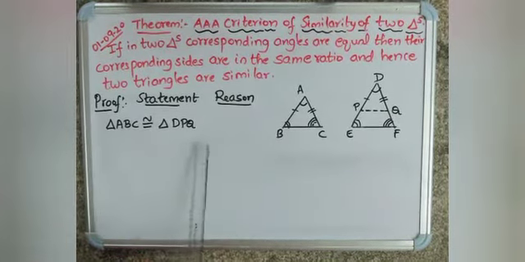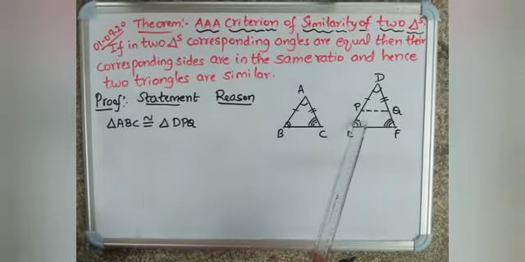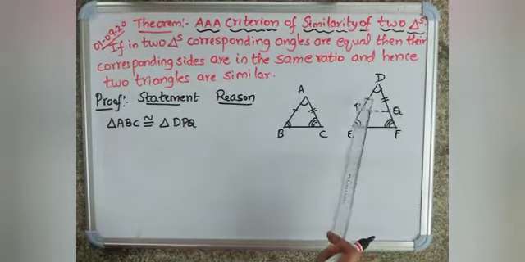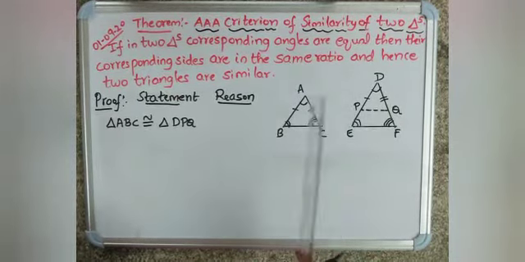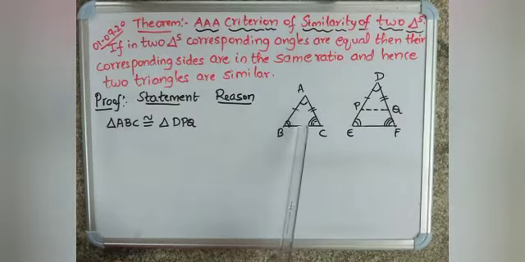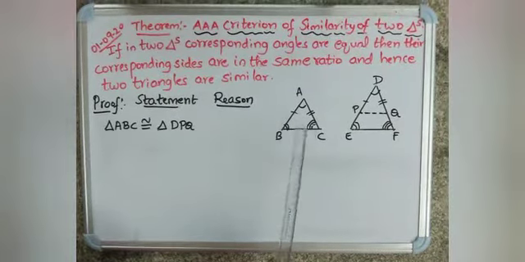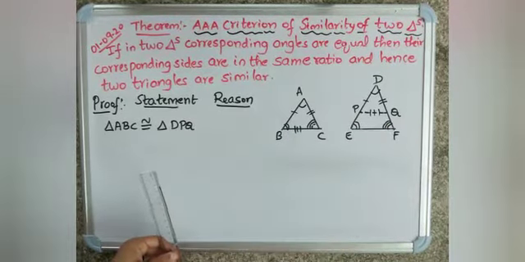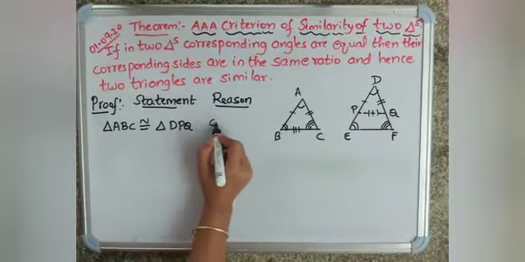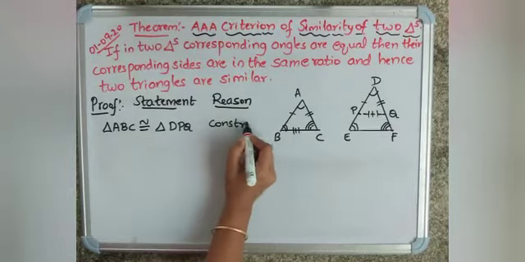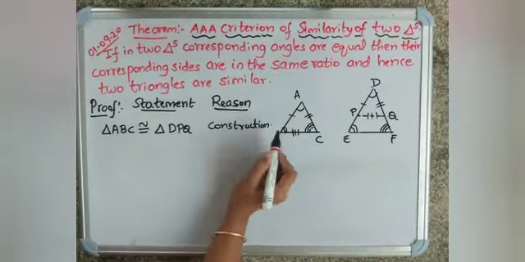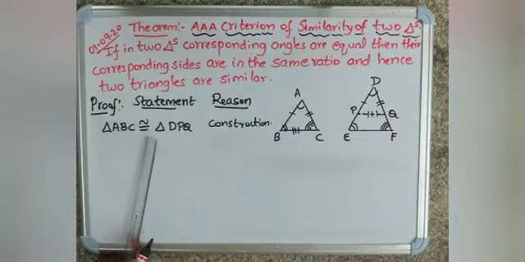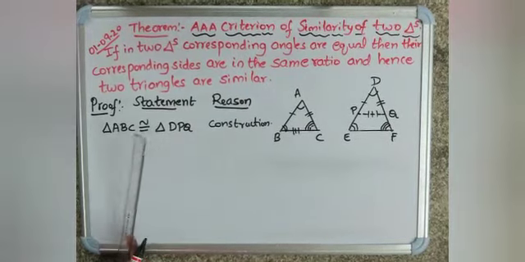What is the reason, children? That is because of the construction. Now if two sides are equal, automatically the third side BC is also equal to PQ. So the reason is the construction. So this is congruent. This is not similar, it is congruent.